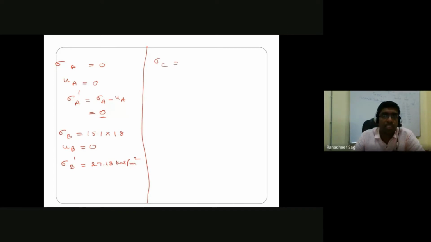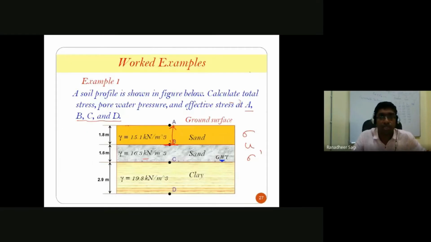Total stress at point C, if I want to calculate, the total stress at this point is due to the effect of the soil strata existing over the first 1.8 meter and the next 1.6 meter. So the total stress at point C is due to the effect of soil layer 1, that is the first sandy layer, and the effect of the second sandy layer. Both put together give you the total stress at point C.